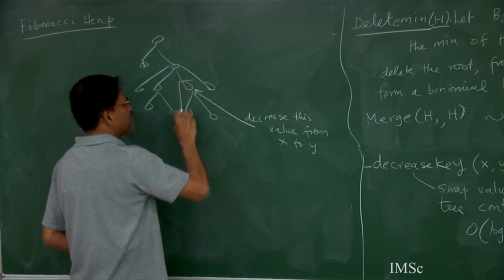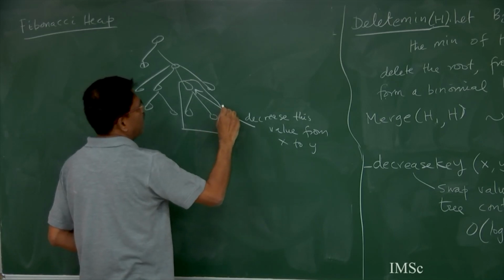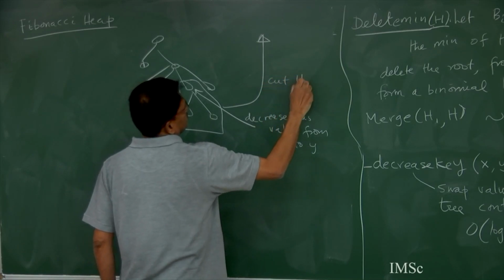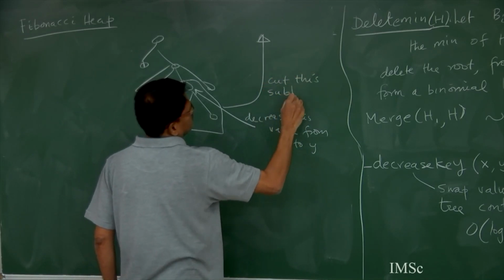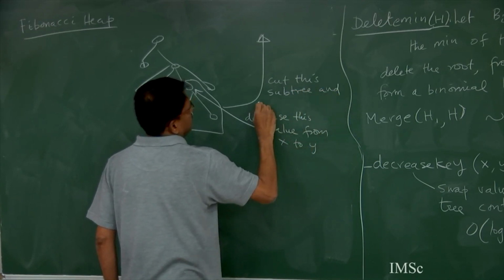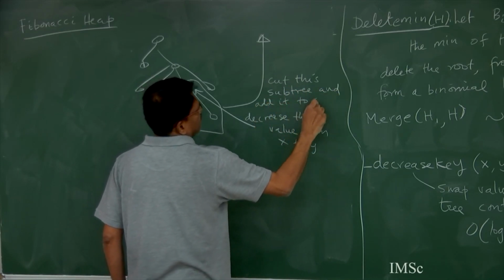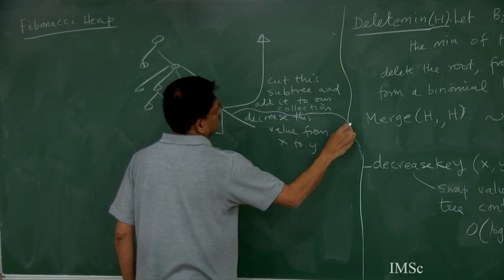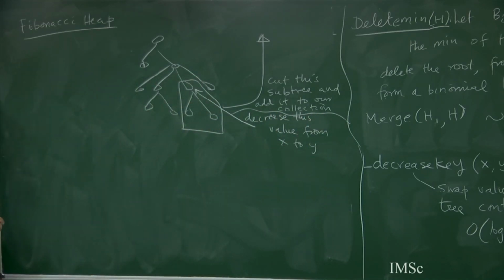We are going to cut this subtree and add it to our collection. Okay. So it's like a constant time operation. I'm not going to go up and down checking for a violation and so on. I will just cut this subtree and add it to my collection. Okay, it's a constant time operation.